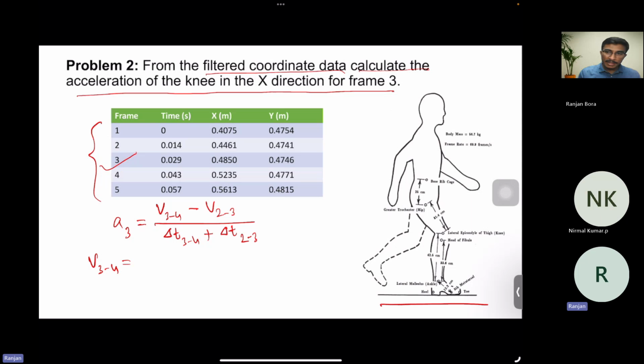From frame 3 to frame 4, it will be the position for frame 4 minus position for frame 3 divided by the time step.